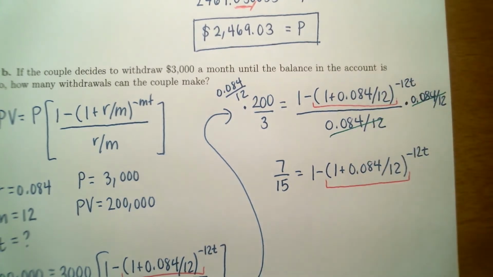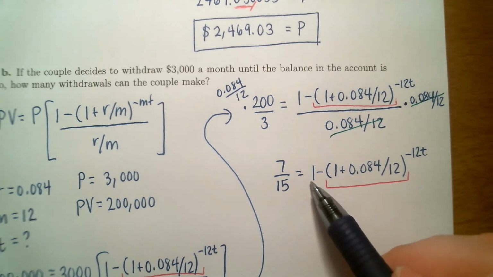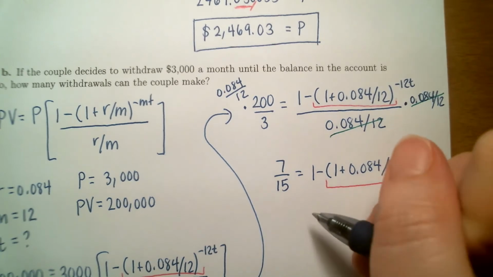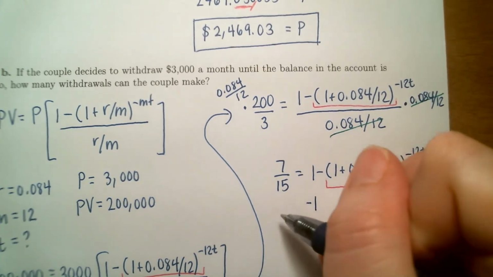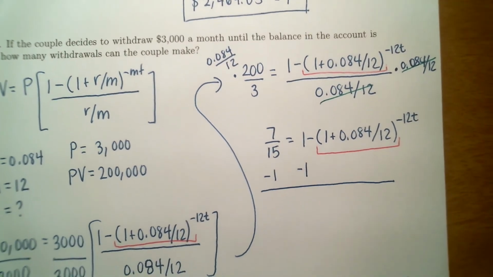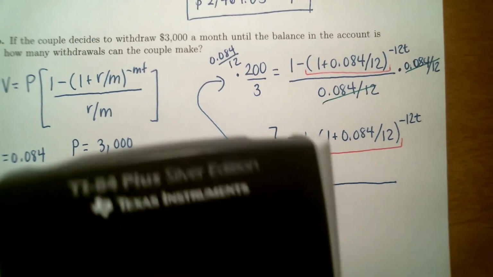So we can get rid of this 1. The 1 is positive. This is positive 1 minus this stuff. So to undo this, we have to subtract 1. Whatever I do to the right, I have to do to the left. So let's go back to the calculator.